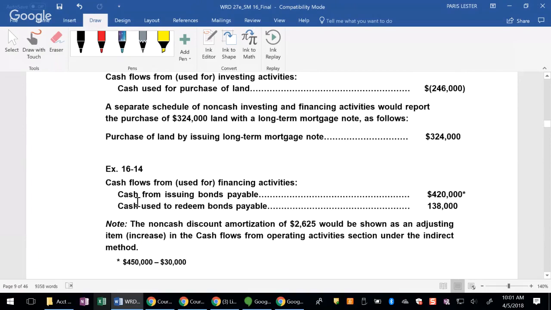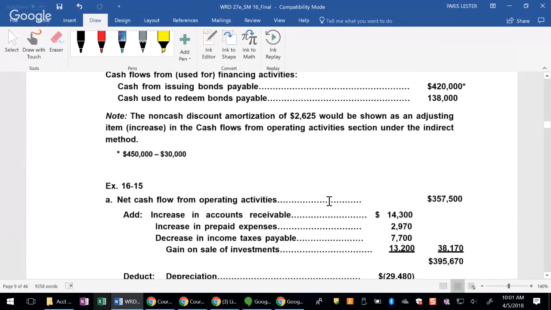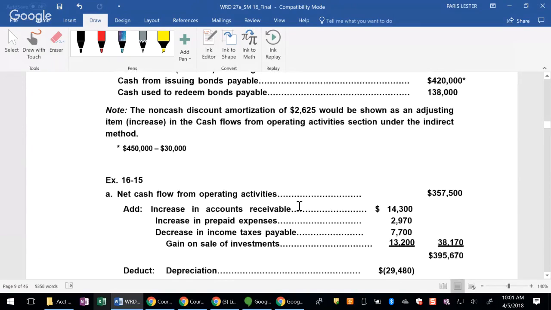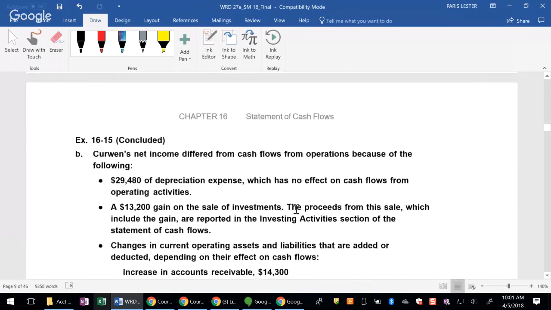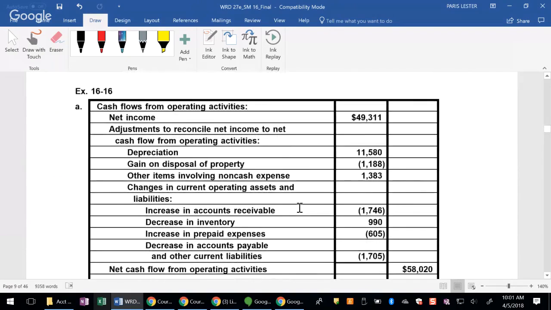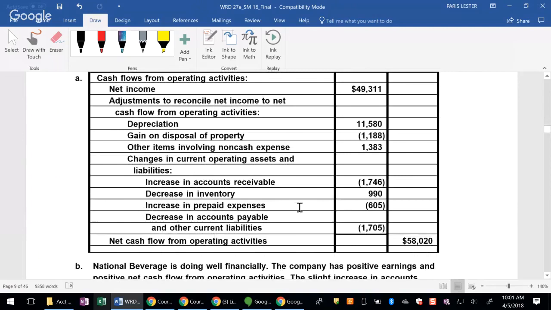First off, number 14, cash from issued bonds, and we paid out cash to redeem bonds. But we're down on number 16, which is operating again. And what was your answer? 58,020? All right. 58,020, of course, is correct.